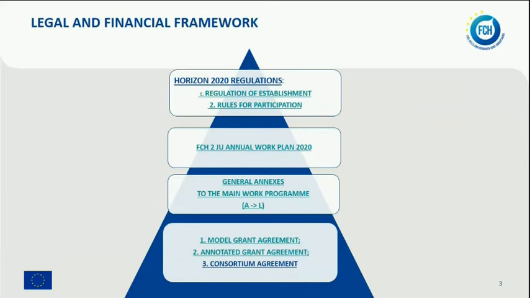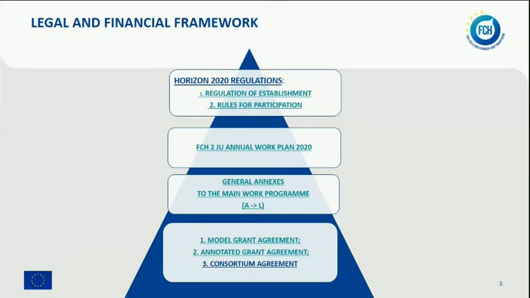So I strongly encourage you to look at that as well. Then you have the general annexes in the main work program of Horizon 2020. These general annexes were presented by Lionel before, so I will not insist on them.